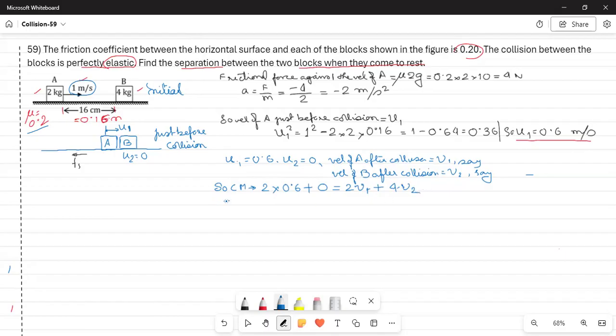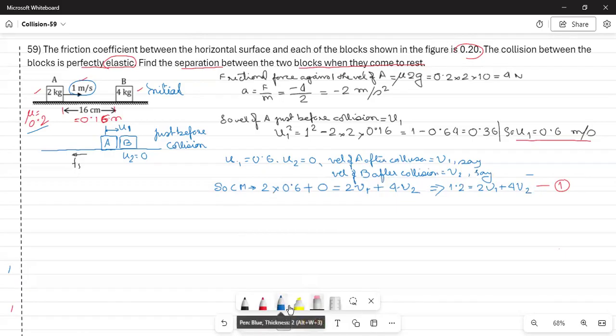From here we get 1.2 equal to 2 v1 plus 4 v2. Let us say this is relation 1.